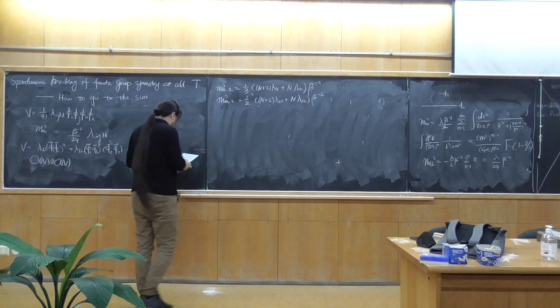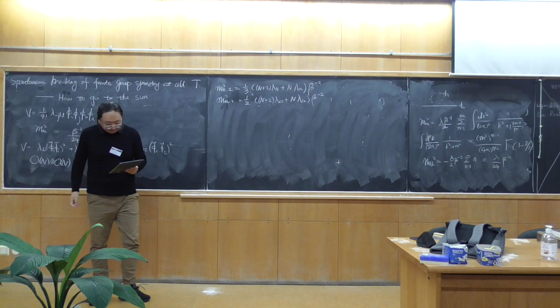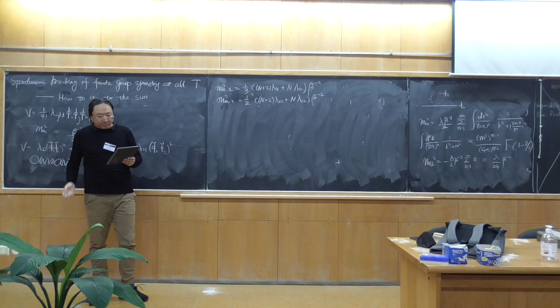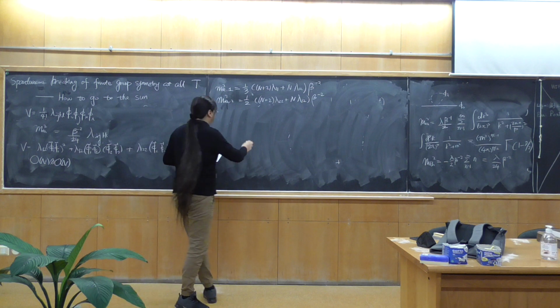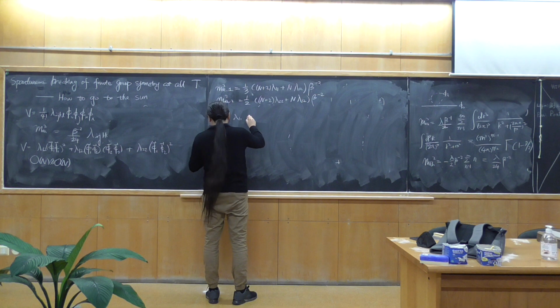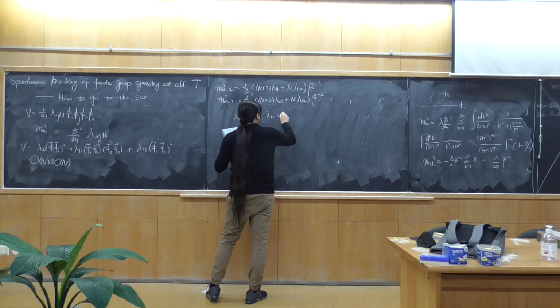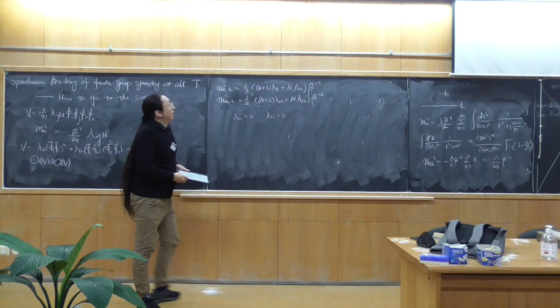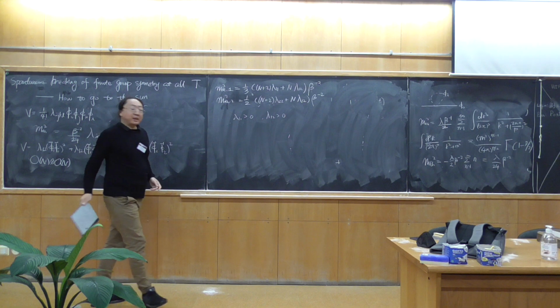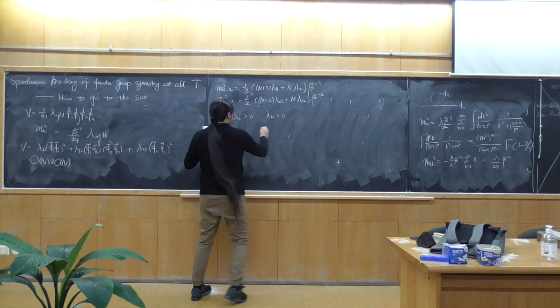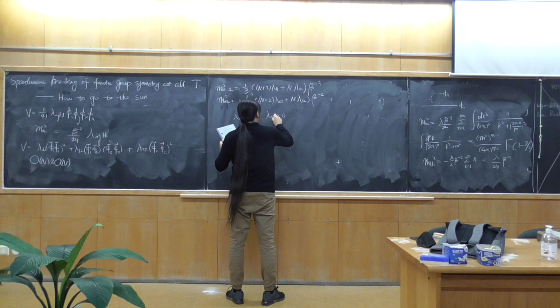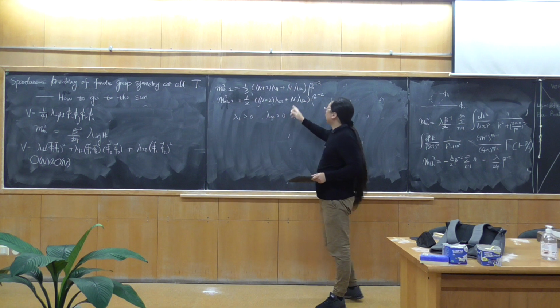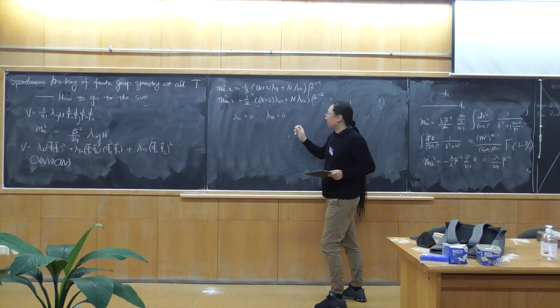Okay, so you need to satisfy a few conditions. First of all, you need the potential to be bounded. Therefore, lambda 1 1 needs to be bigger than 0. Lambda 2 2 needs to be bigger than 0. You need a negative thermal mass, so you need a negative term here.